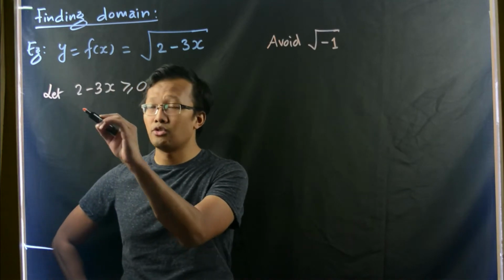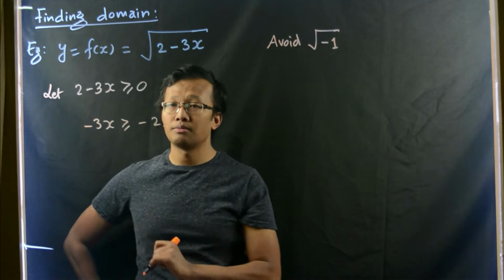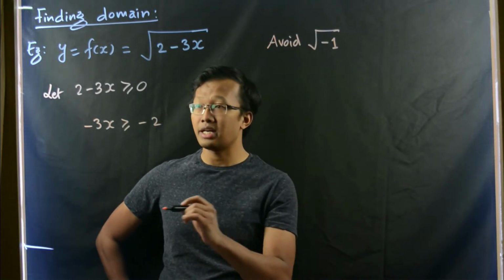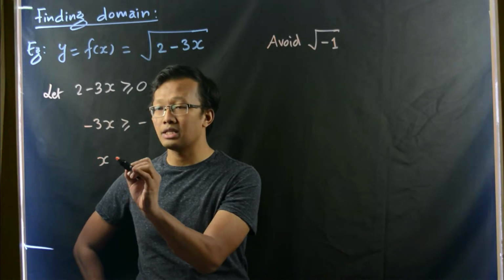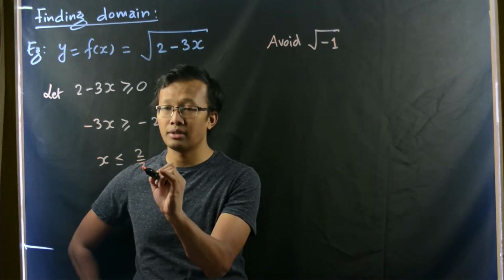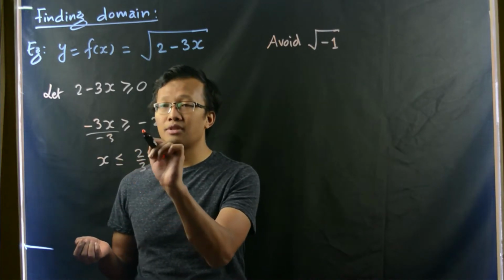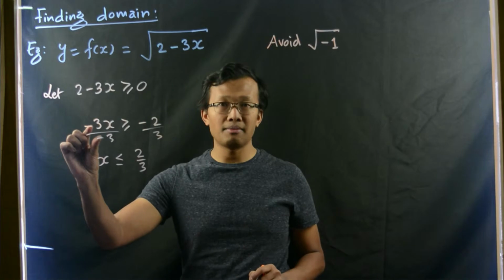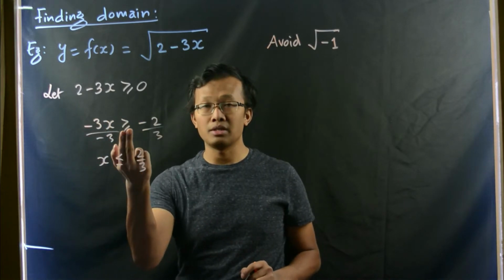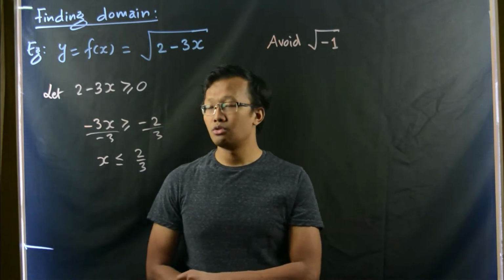Let us subtract 2 from both sides, which will give us negative 2 on the right hand side, and let us divide both sides by negative 3. That will give us x is less than or equal to 2 over 3. Since we have divided both sides by negative 3, whenever we divide or multiply by a negative number, the sign must be reversed. So x is less than or equal to 2 over 3.